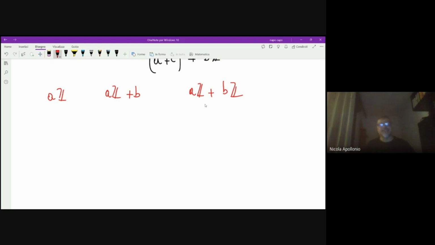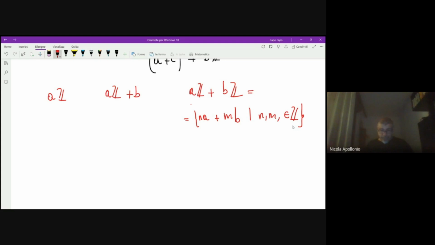So far, this is not an operation. It's just a mnemonic symbol, which means the set consisting of all the sums of multiples of A and multiples of B with integer coefficients.